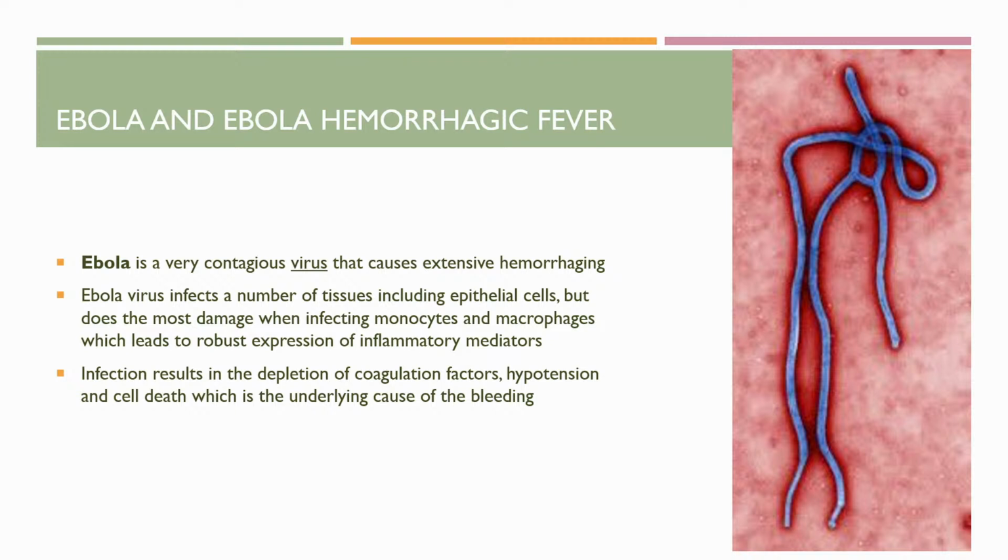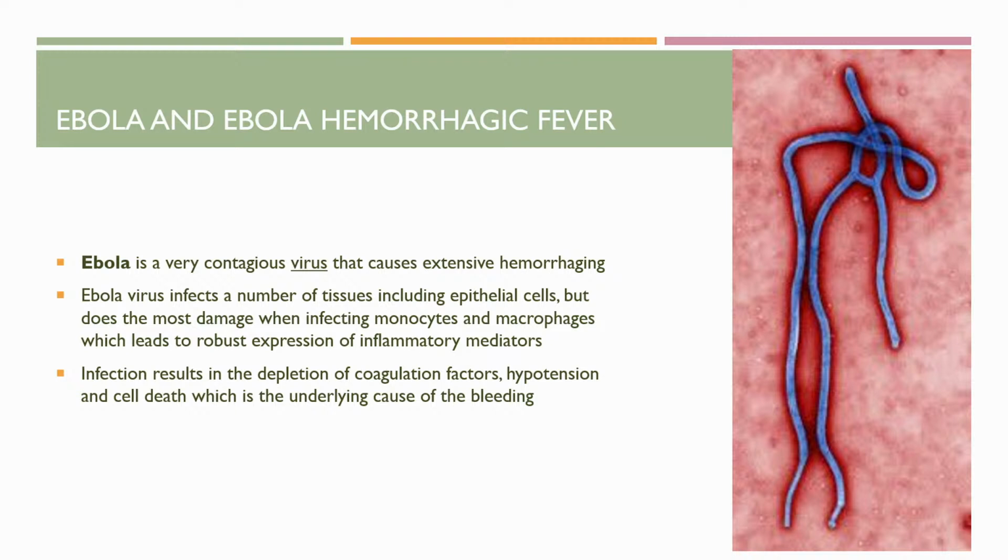And so Ebola, this virus can infect a number of tissues and different epithelial cells, but it does the most damage when it infects these macrophages, these immune cells, because then those lead to a really robust inflammatory response.